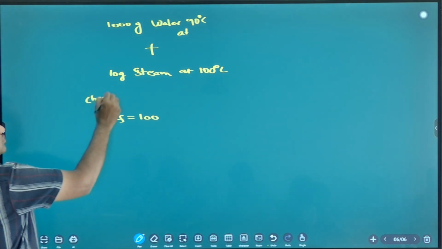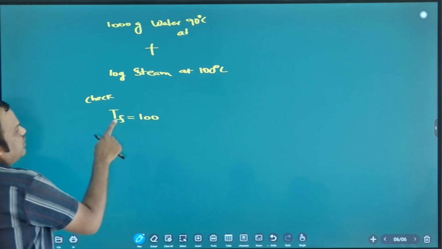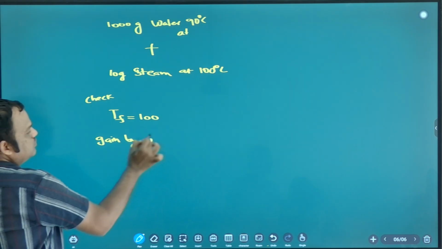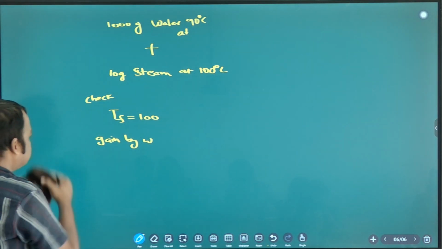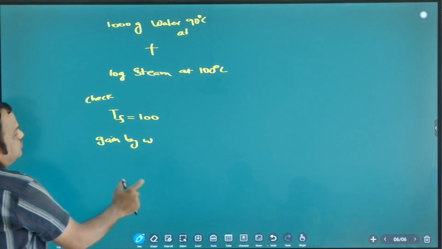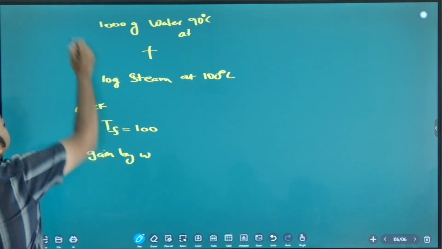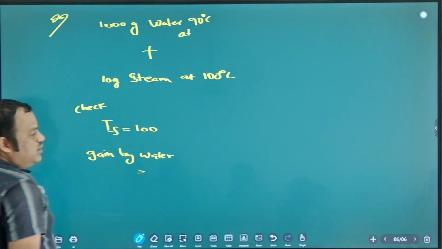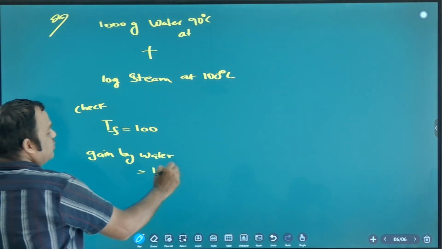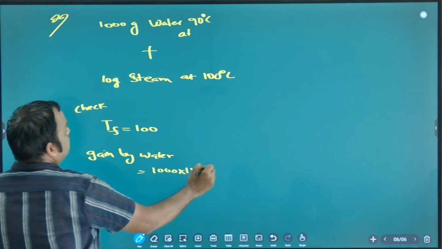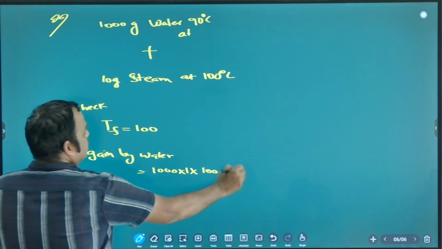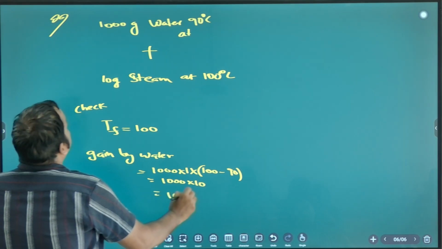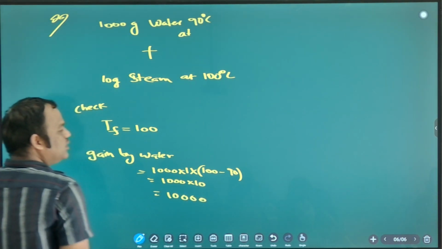I am checking. If the final temperature is 100, what is the heat gained by water? MS delta T is 1000 into 1 into delta T, 100 minus 90. So 1000 into 10, so 10,000 calorie.